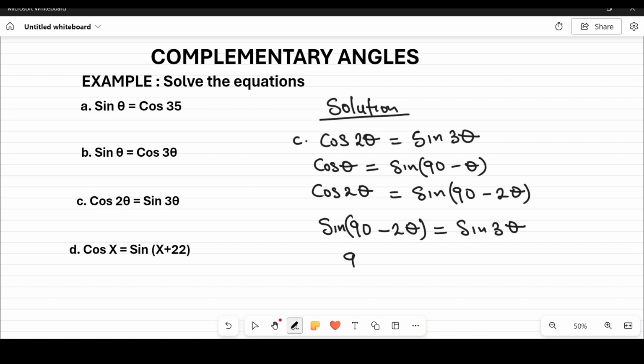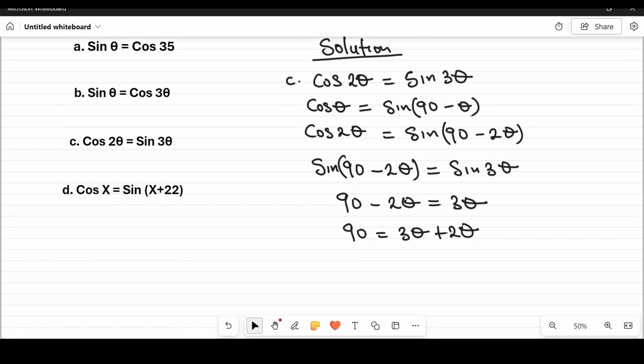So therefore, we have that 90 minus 2 theta will be equal to 3 theta. From here, we can establish that 90 will be equal to 3 theta plus 2 theta. So we have it that 90 will be equal to 5 theta. So therefore, theta is equal to 90 divided by 5, which is equal to 18 degrees. That is our value of theta.